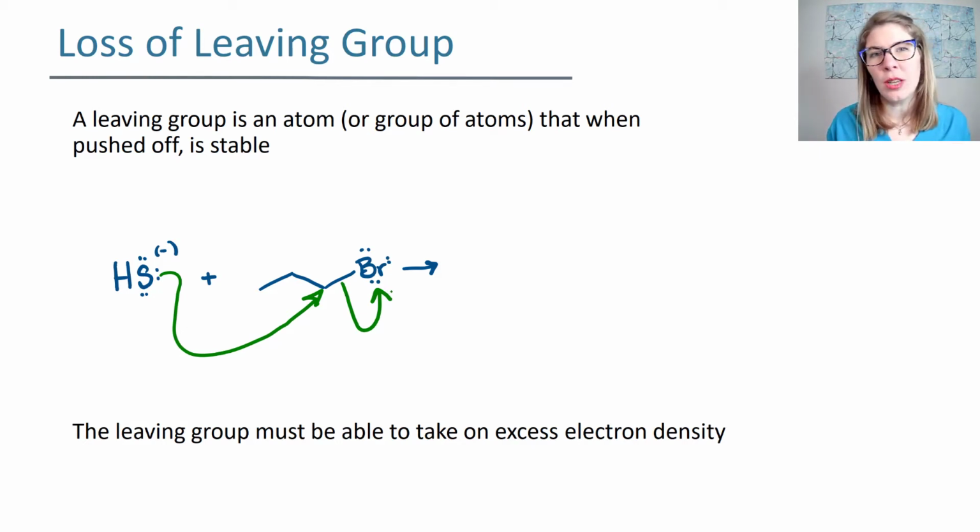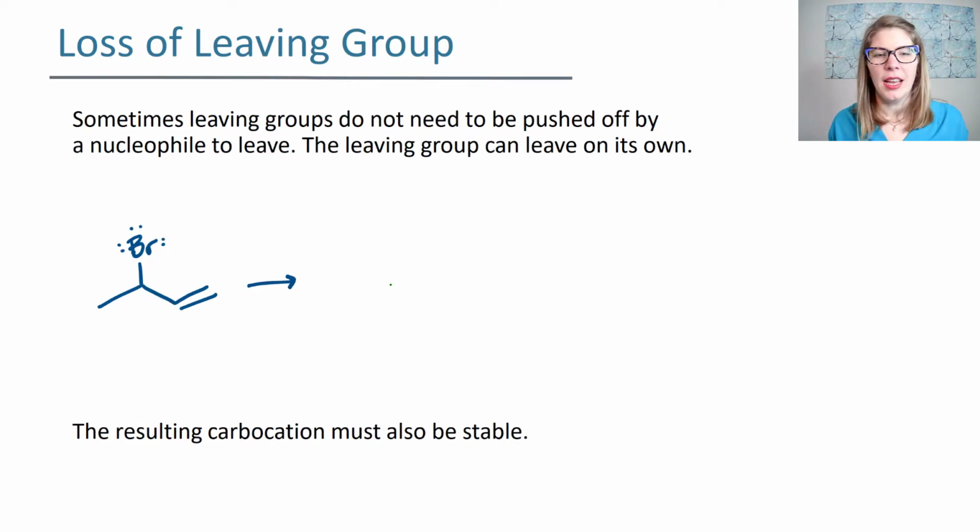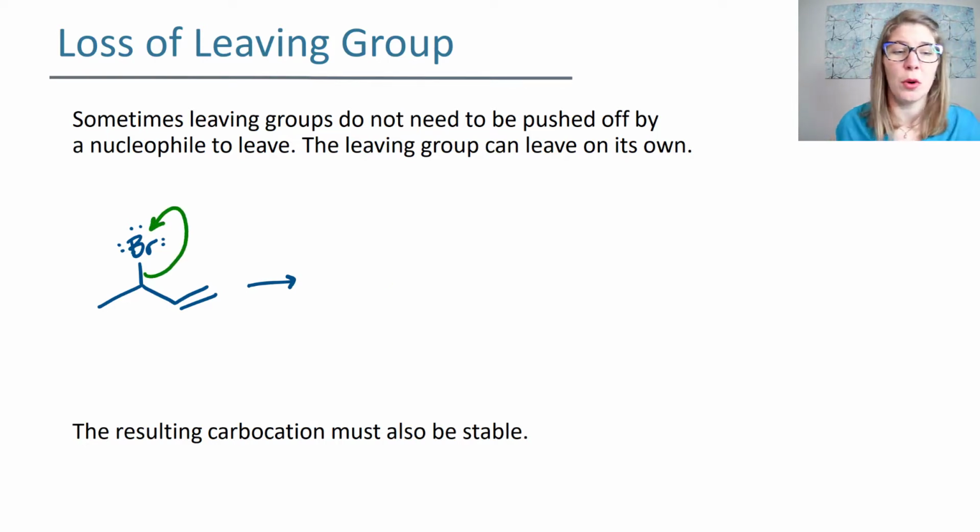This isn't the only way a leaving group can leave. Sometimes the leaving group can actually just leave all on its own. And if it leaves without something forcing it out, the reason is that whatever the result is after the leaving group leaves is pretty stable.